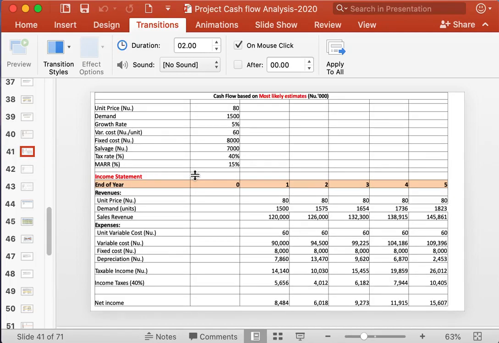If I explain further, in the sensitivity analysis, what we did was that we calculated net present worth by varying each of the variables by a certain percentage while holding all other variables constant. That is equivalent to assuming that each variable is affecting the net present worth independently of all other variables.